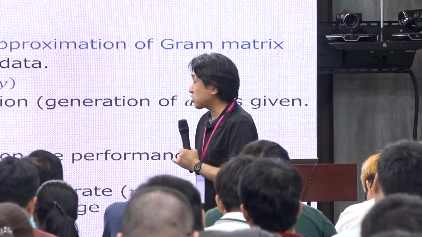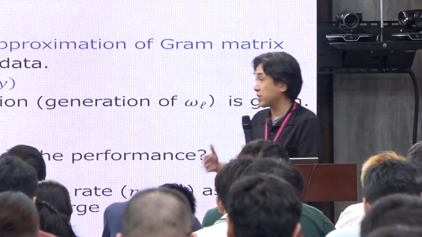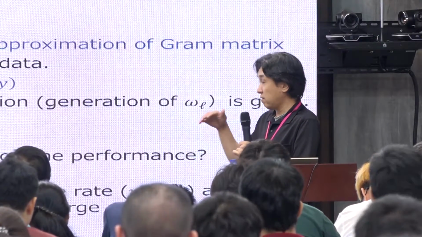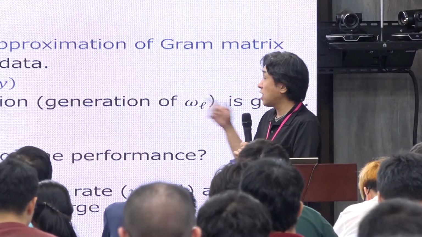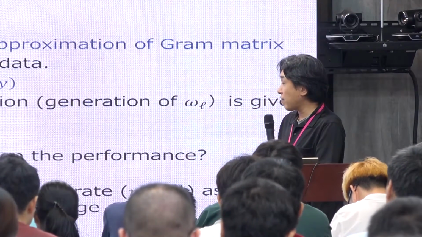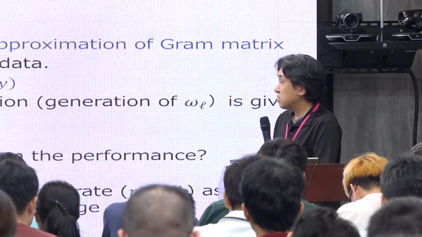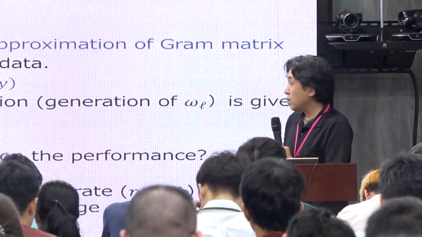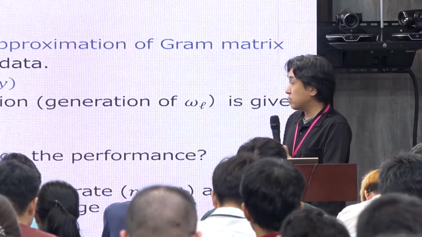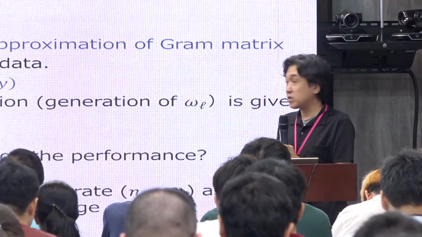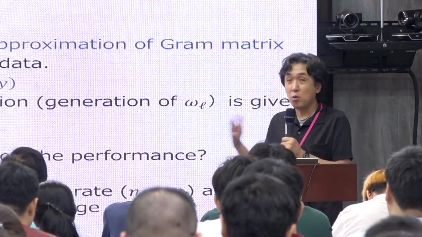And if the approximation accuracy is high, meaning that the rank is sufficient, or the number of L in random Fourier feature is sufficiently large, we can actually guarantee that the final generalization error of the problem is not degraded by the approximation. The reason is that we are handling noisy data.